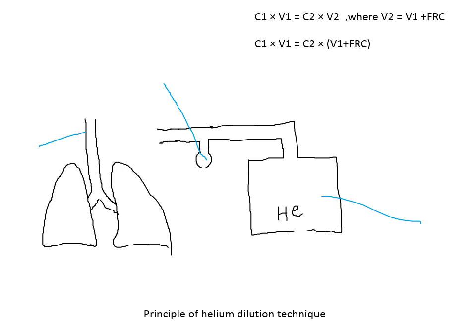The concentration of helium in the lung and the container becomes equal. When the equilibrium is achieved, the test is terminated, and the lung volume diluting the helium mixture in the container is the FRC.